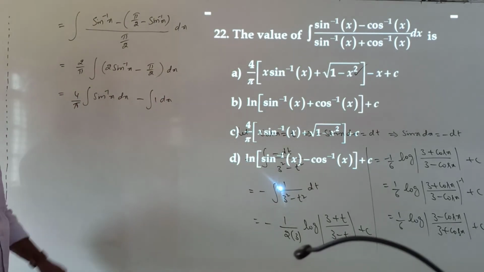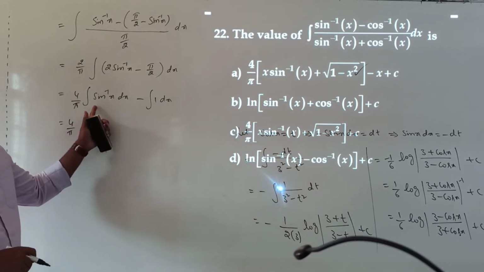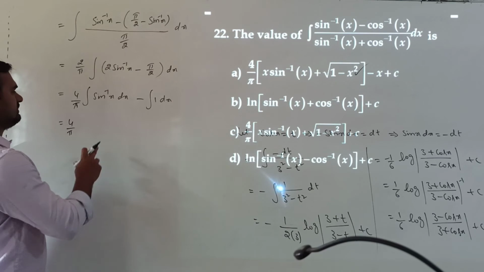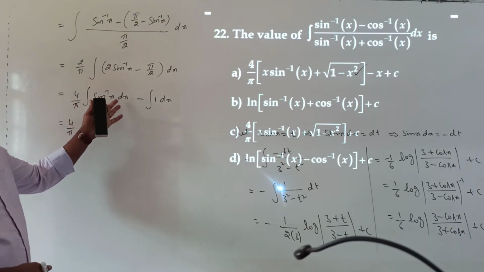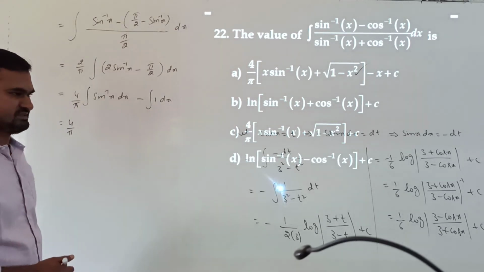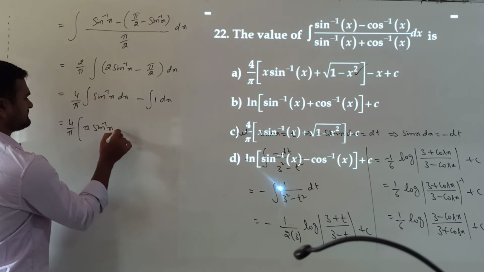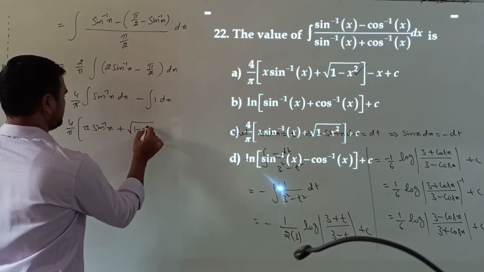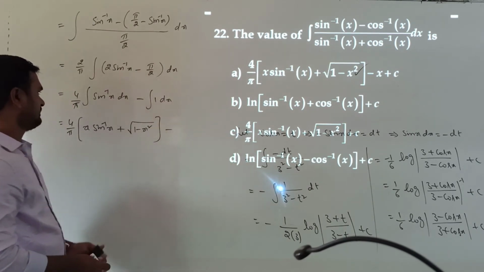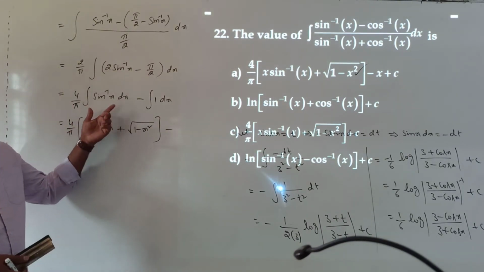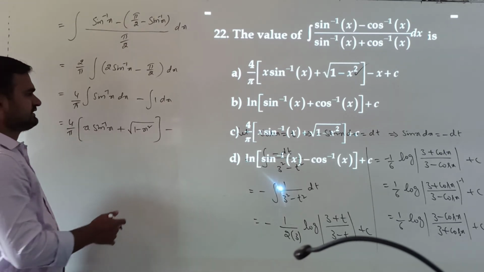Okay, writing separately, it is 4 by pi integral of sin inverse x. Now integral of sin inverse, directly we can write, or take the second function as 1 and apply by parts. Okay, so write the direct formula: x into sin inverse x plus root of 1 minus x square. Integral of sin inverse x is x sin inverse x plus root of 1 minus x square.